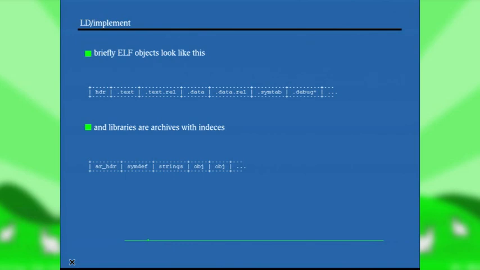Because when the program is composed and the library has to be scanned for all the unresolved symbols and needed functions, without the index we would have to scan the library over and over again, which is a very costly process, because we have to read and parse ELF headers for every object file, which in the case of libc would be several hundred or even over 1,000 objects, and it would cost enormous time and disk I/O.